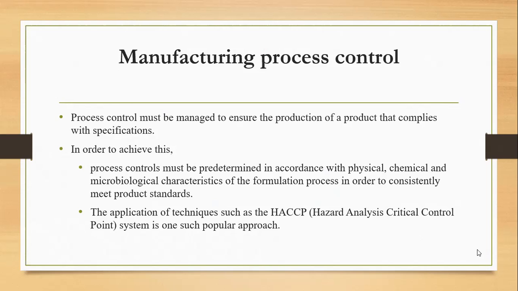Your process control is the process that you actually use. So what we're supposed to have is a flow chart that says at the beginning that we will wash our raw materials, and then we will cut it, and then we will blend it, and that entire process is documented.